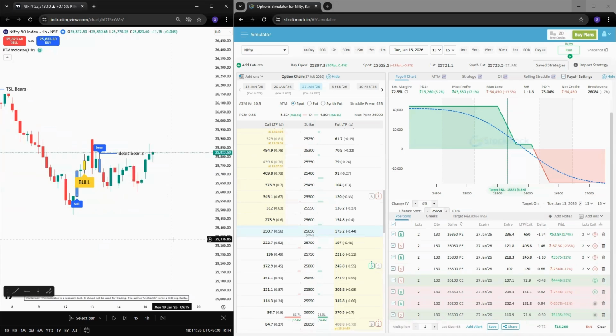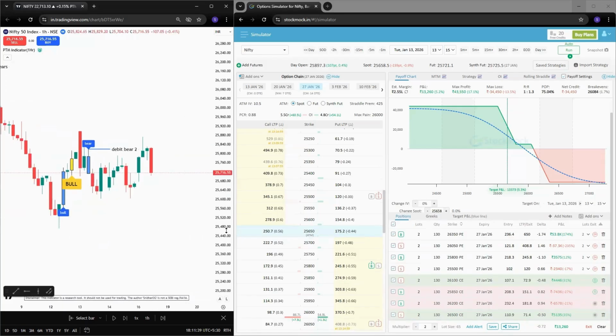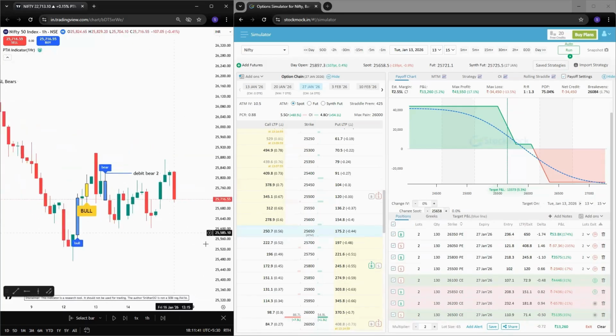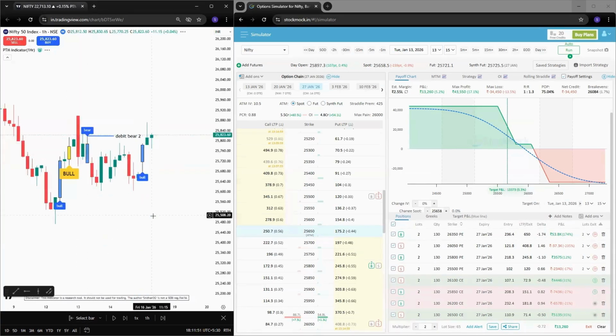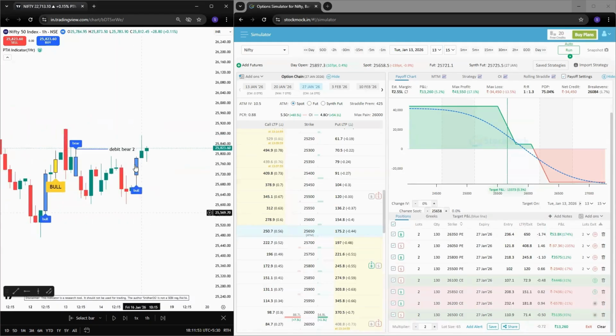Okay. Key point here, very important. Note this. Let me go back. You see this candle here? This one, very important. The market made a small bull signal.